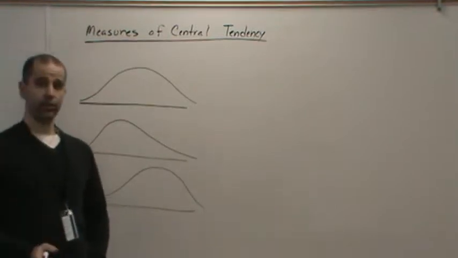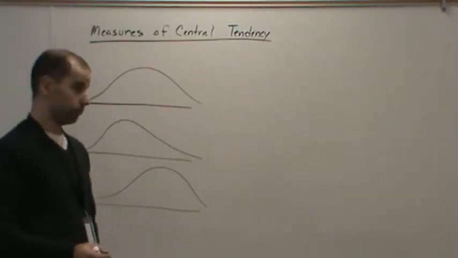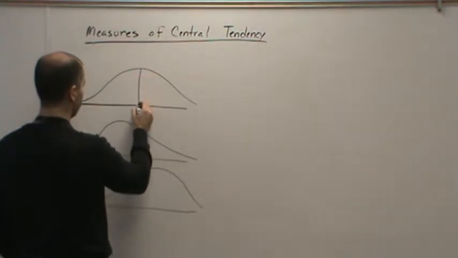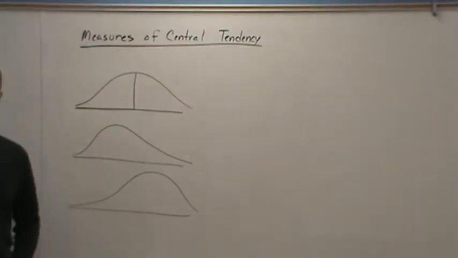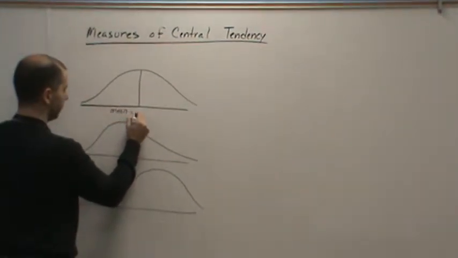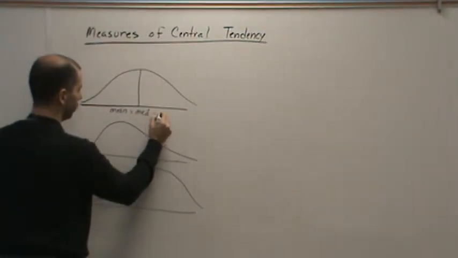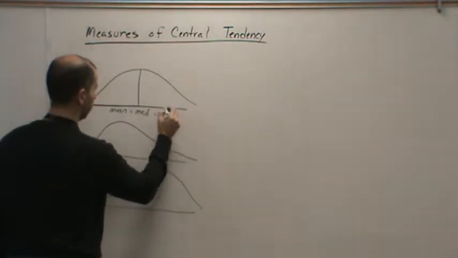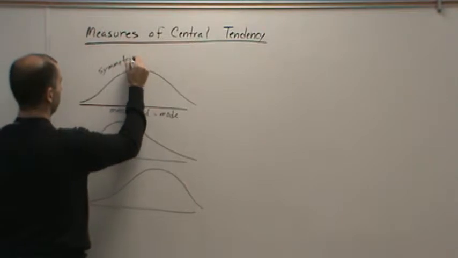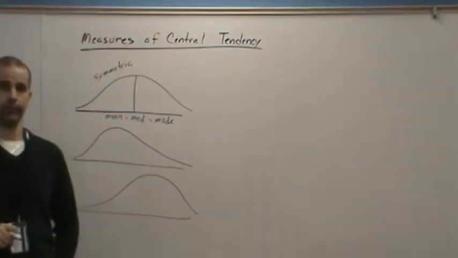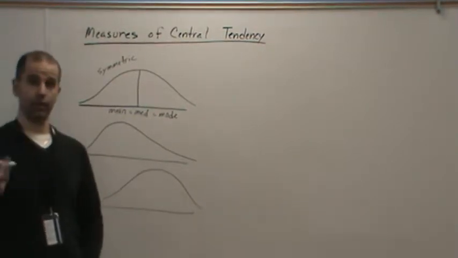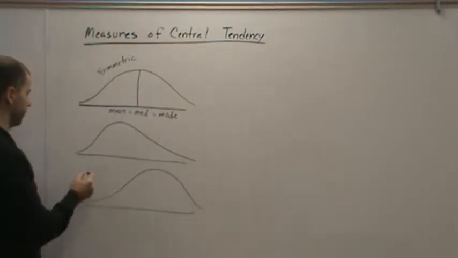If it's a symmetric distribution, then the mean, median, and mode will all be the same. So the mean will equal the median, will equal the mode. Okay? If it's skewed, then it depends on if it's skewed left or skewed right.